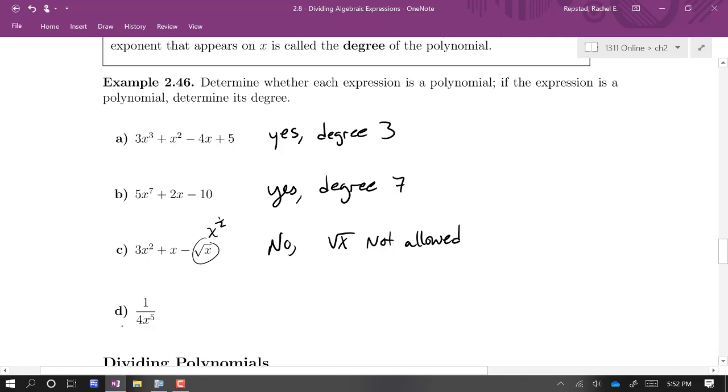And 1 over 4x to the fifth, it might at first look like we've got just positive powers on x, but that's really, an x to the fifth on the bottom is really a negative exponent. This is 1/4 x to the negative 5. So this is no, because negative exponents are not allowed.